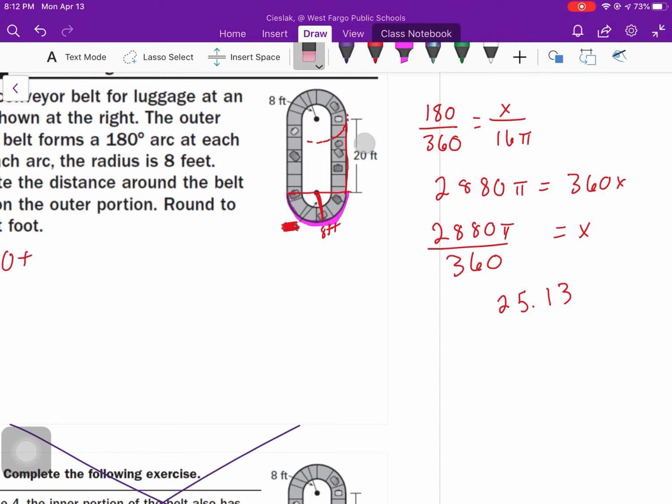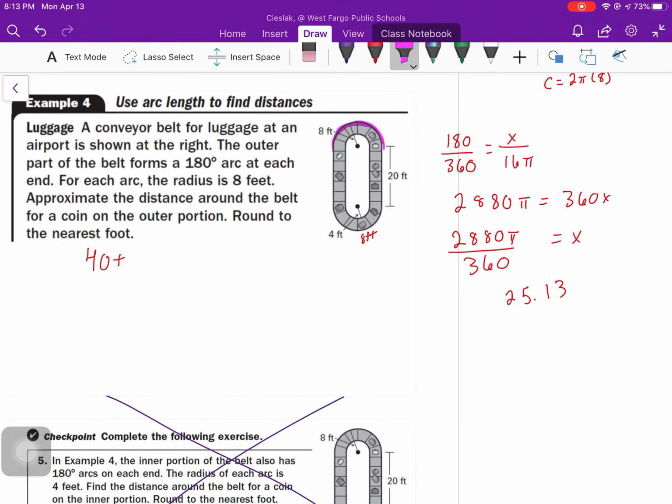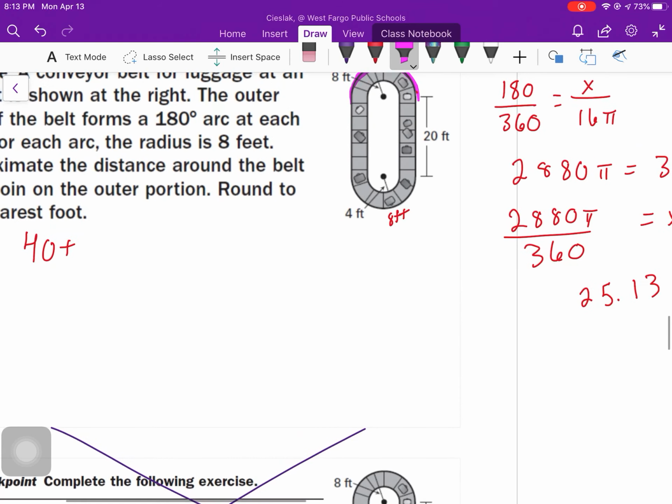Let's erase what we got going on here just because I've shown you a whole lot. That 25.13, guys, is from right here to right here. It is part of the entire circumference, and in fact, it's half. So what I need to do is go plus 25.13, but remember, it's the same thing down here.